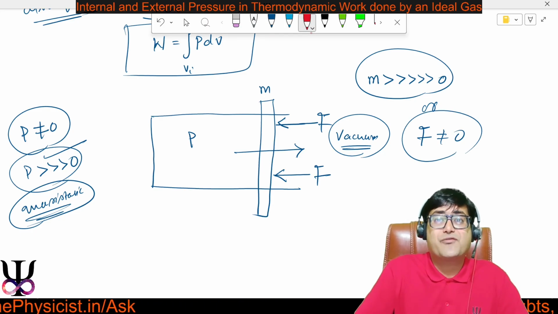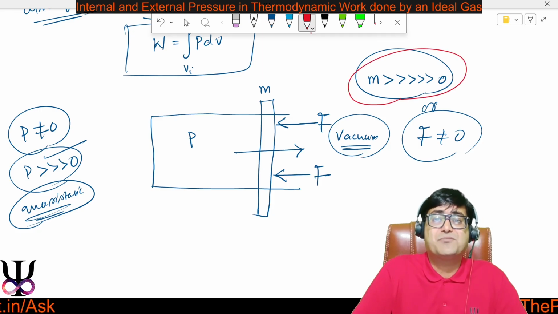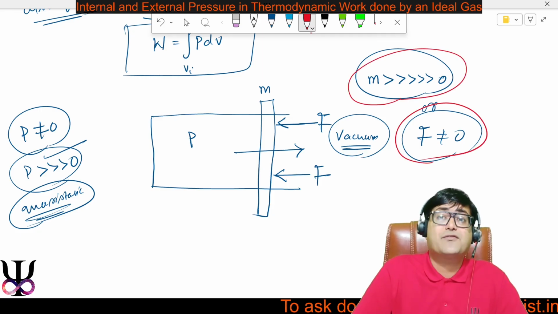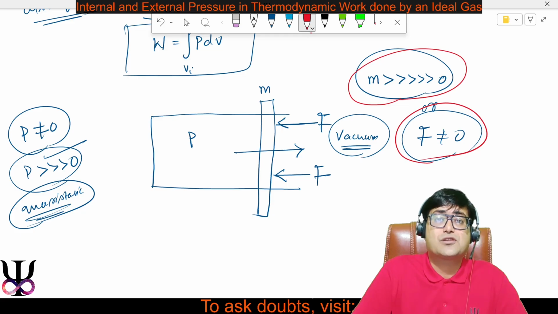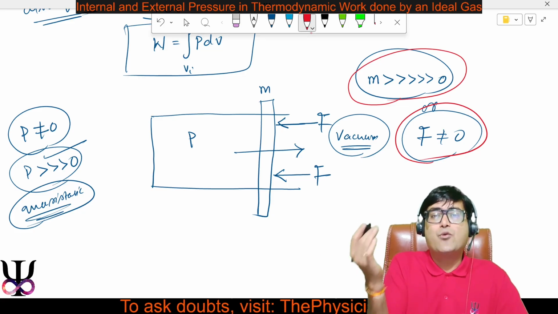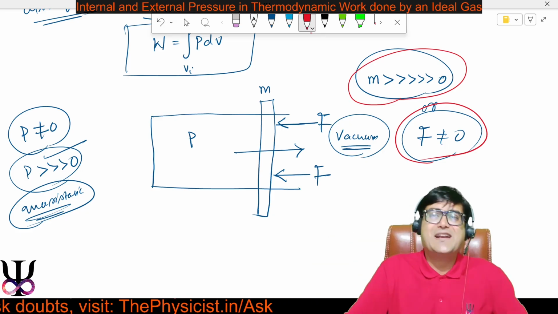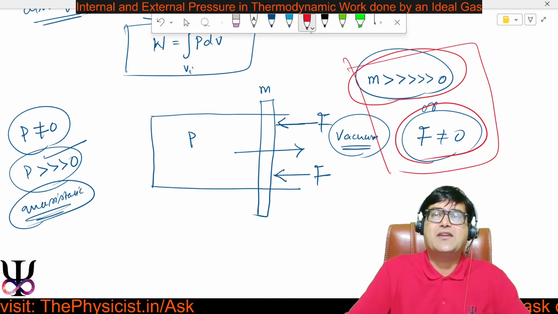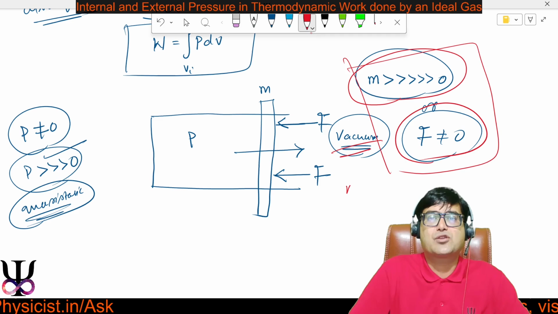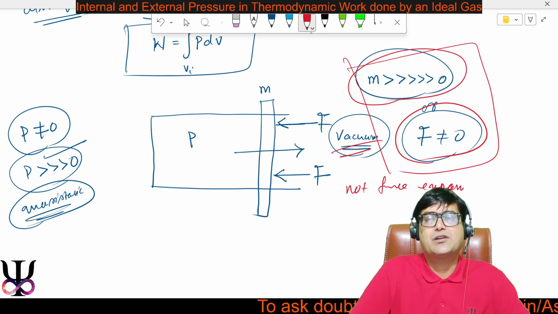Understand, in both of the cases, whether the mass of the piston is very large, or if there is an external non-zero force which is basically countering the internal pressure's push to the right, even if there is a vacuum involved, it's not free expansion.